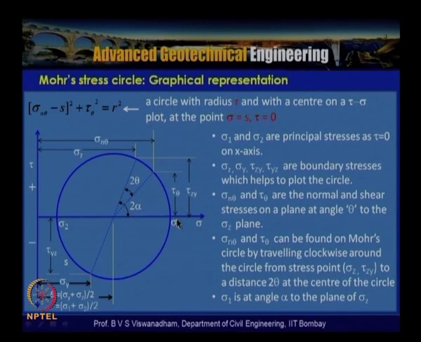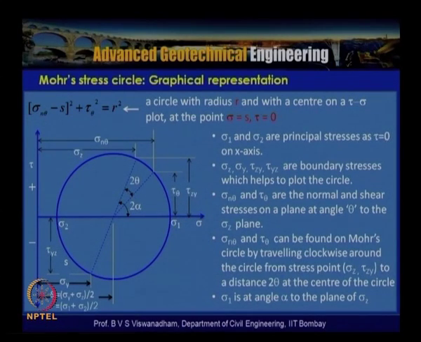Shearless planes are called principal planes. So sigma 1 and sigma 2 are the principal stresses as tau is equal to 0 on the x axis. So sigma y and sigma z and tau zy, tau yz are the boundary stresses which help to plot the circle, and sigma n theta and tau theta are the normal and shear stresses on a plane at an angle theta to the sigma z plane.